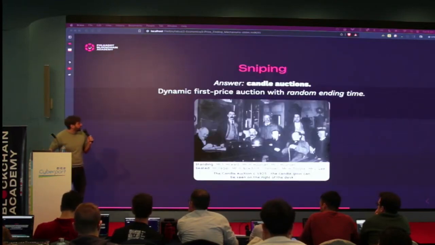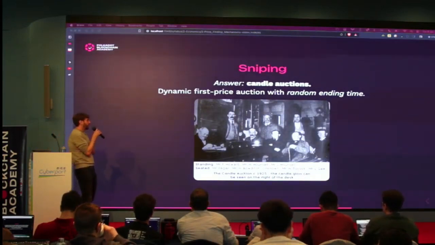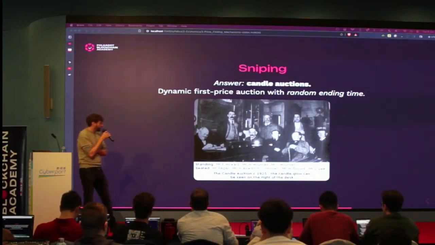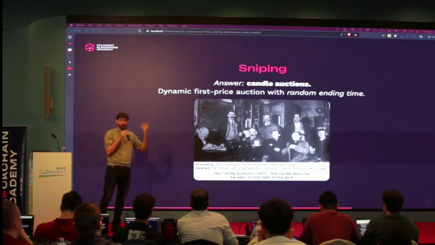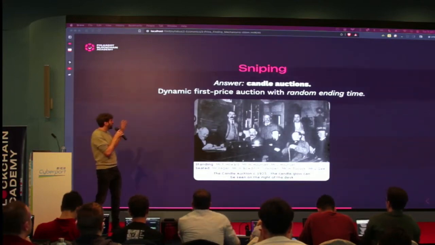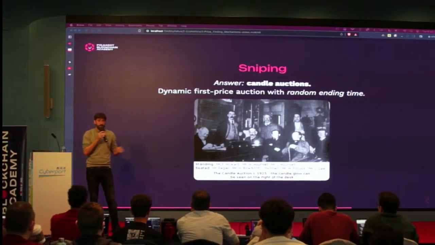Another idea is the candle auction. This is an auction format from quite long ago. I think this is in England. The candle auction is very old, I think from the 16th century or even before that. It's a dynamic first price auction with random ending time.